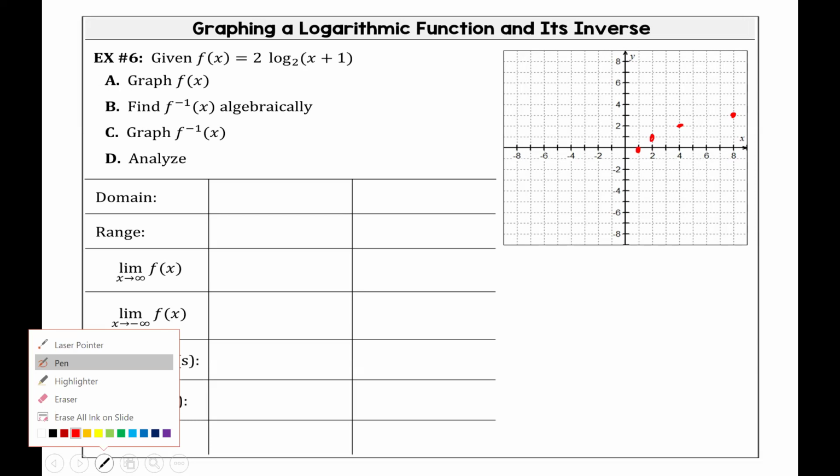So zero times two. One times two is two.